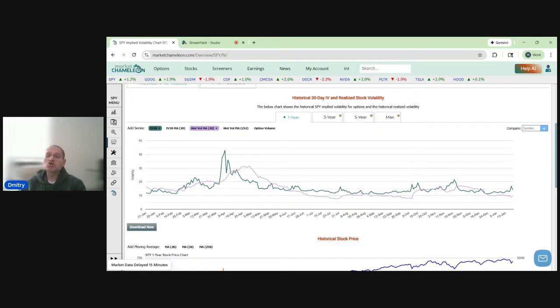Okay, so these are 20 trading days. The 30-day IV includes just 30 days to expiration. So we have this 20-day volatility moving average.